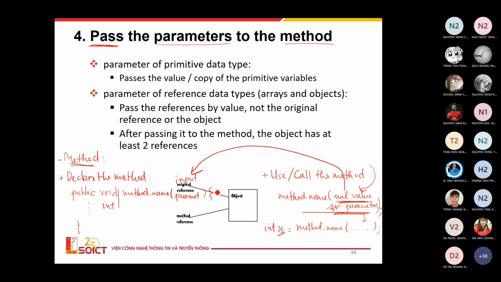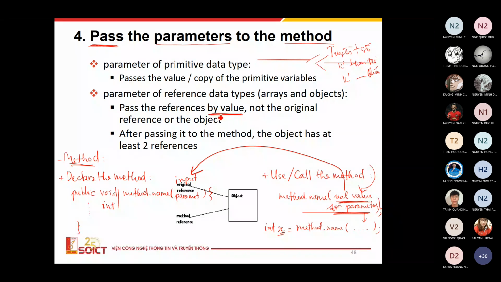Okay, and normally in other programming languages, you sometimes know some names like truyền tham số kiểu tham trị, and truyền tham số theo kiểu tham chiếu. Maybe you have heard these terms in other programming languages, but for Java, we just pass the parameter by value.